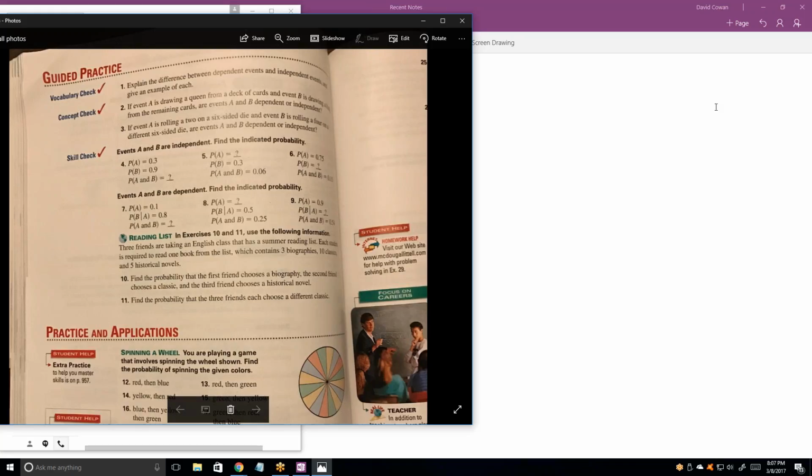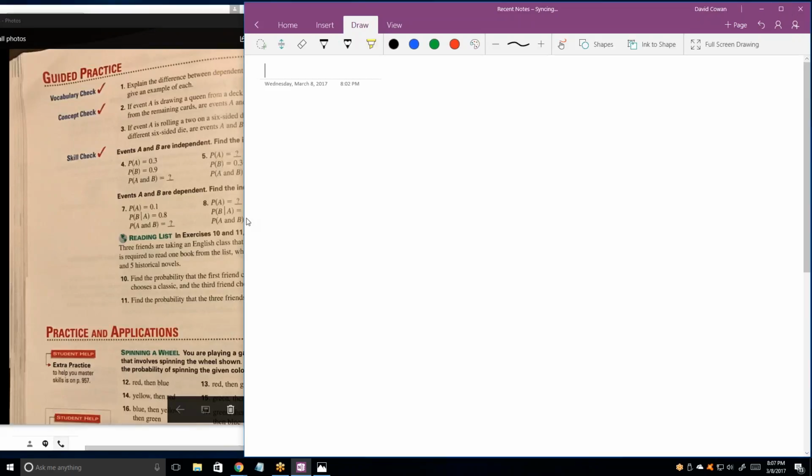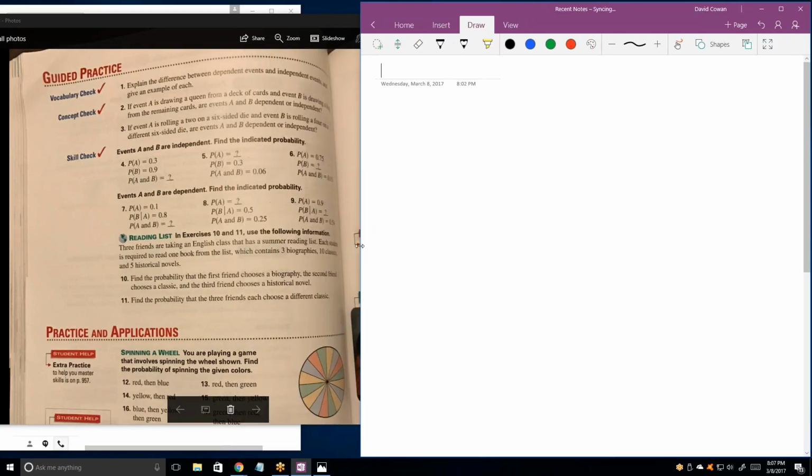That makes sense. So, find the indicated probabilities when events are independent, so I can write. Okay. Would you just do P of 0.3 plus P of 0.9? Well, yes. Only if they're independent can you do that.